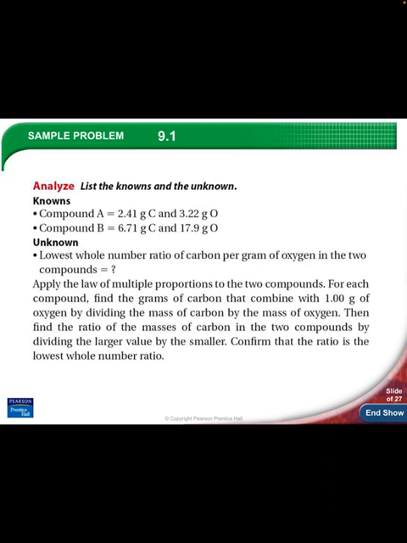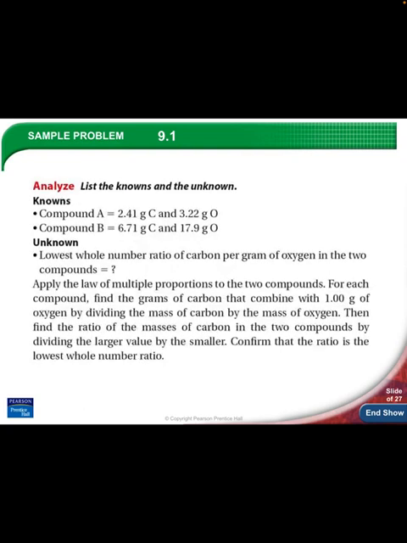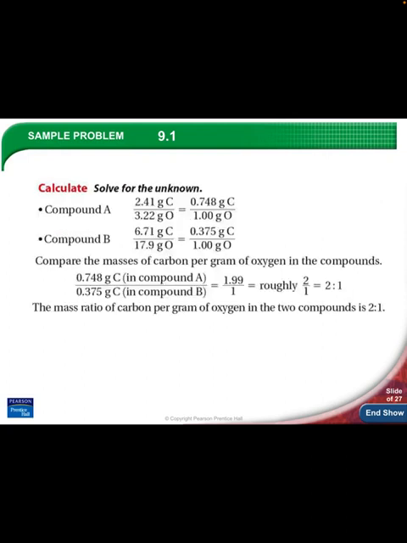In this example here, where we had 2.41 grams of carbon per 3.22 grams of oxygen, if I were to set that equal to a ratio of X grams of carbon per 1 gram of oxygen, cross multiply and solve for X, I would get that X is equal to 0.748 grams of carbon, as shown in the top numerator in the first equation for compound A.